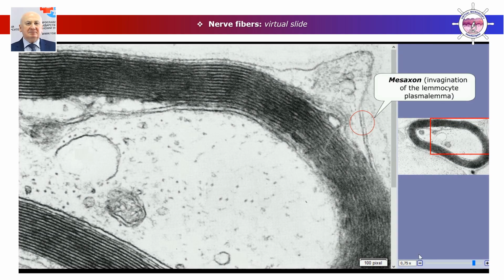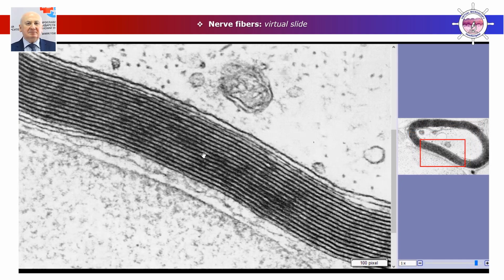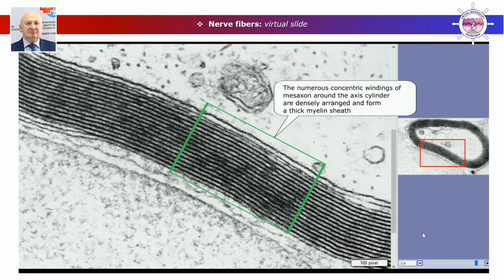The plasmalemma forms a duplicature, denoted as mesaxon. The numerous concentric windings of mesaxon around the axis cylinder are densely arranged and form a thick myelin sheath.